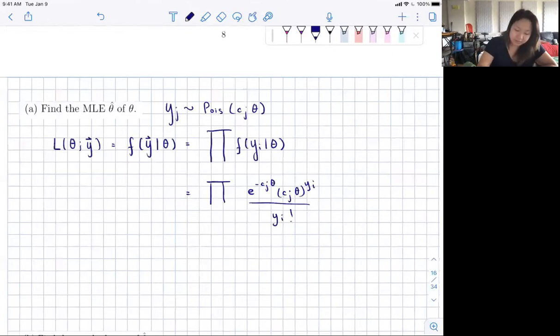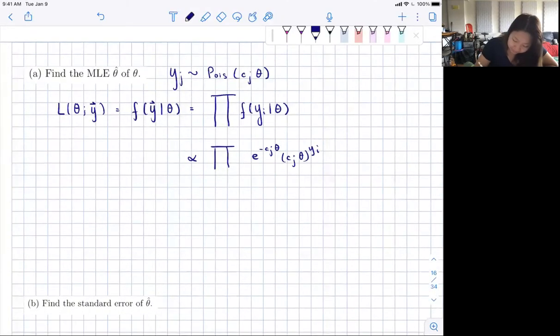But this denominator is going to go away due to proportionality. So this is proportional to this. Let's bring the product in. This is going to be equal to e to the negative θ sum of the c_j's.